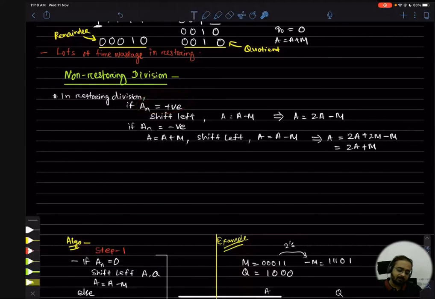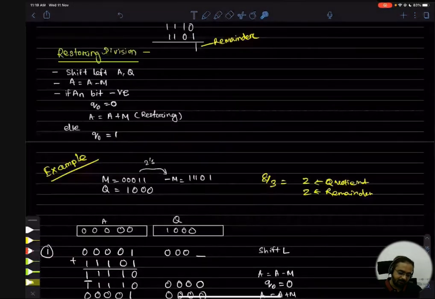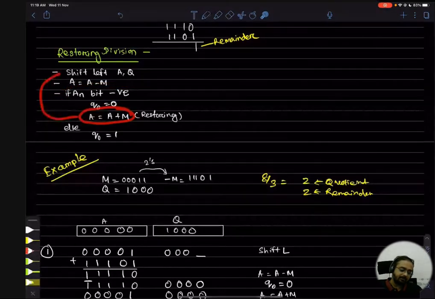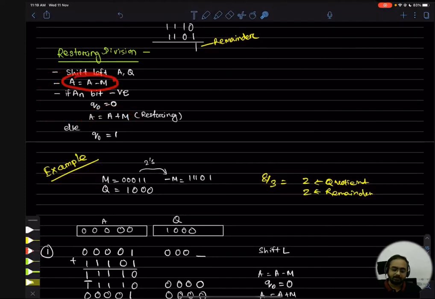And what are we doing when a n is negative? When the a n bit is negative, we do a is equal to a plus m, then we shift a and q and do a is equal to a minus m. These three steps we do whenever the a n bit is negative.